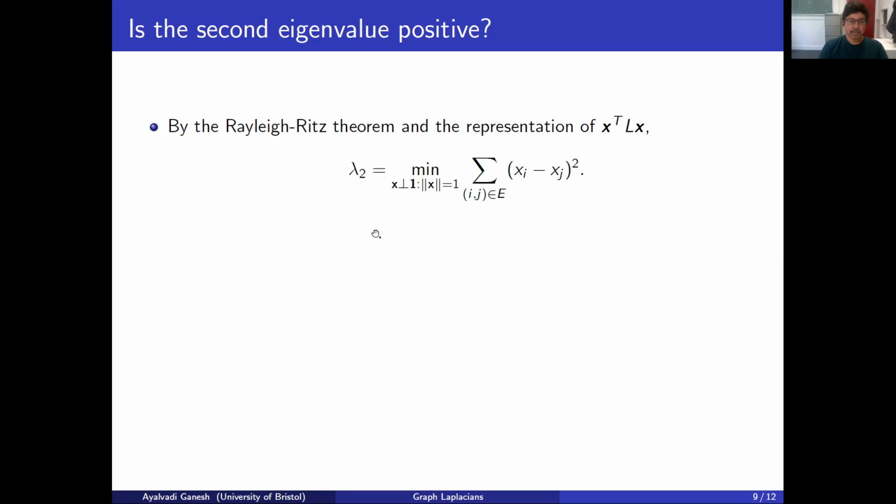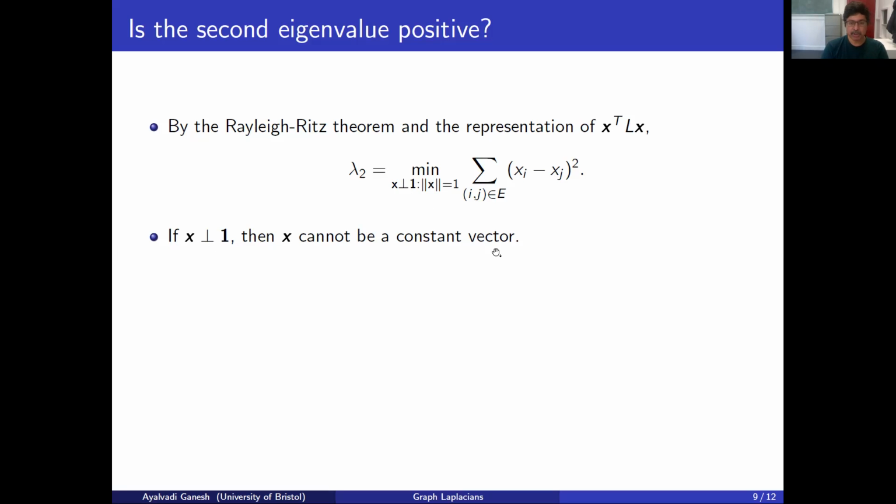Okay, now what does it mean for a vector x to be orthogonal to the all one vector? What kinds of vectors can be orthogonal? It's easy to see that if x is orthogonal to 1, then it cannot be a constant vector. For it to be orthogonal, the inner product has to be 0.